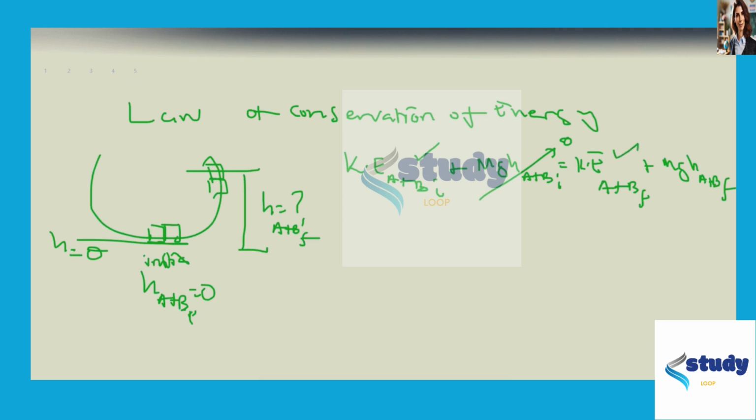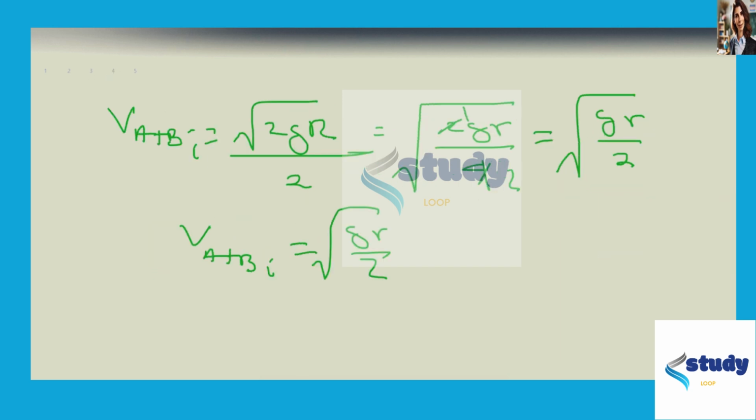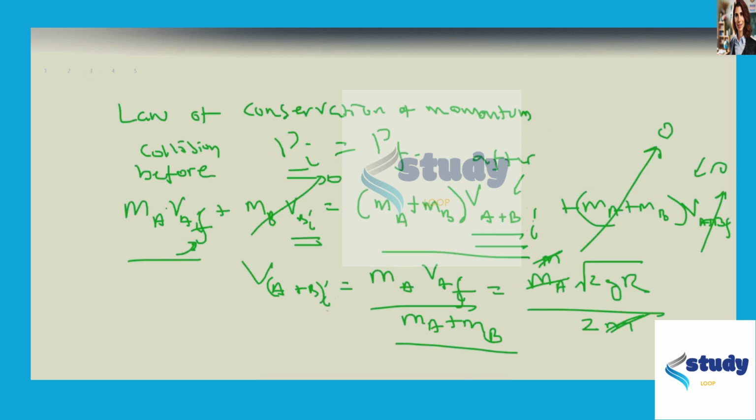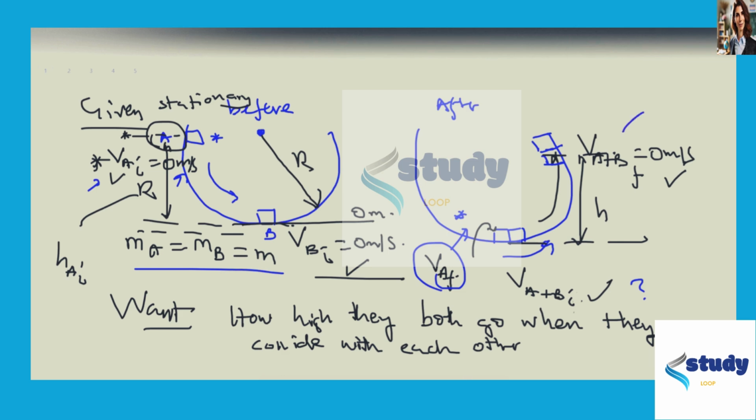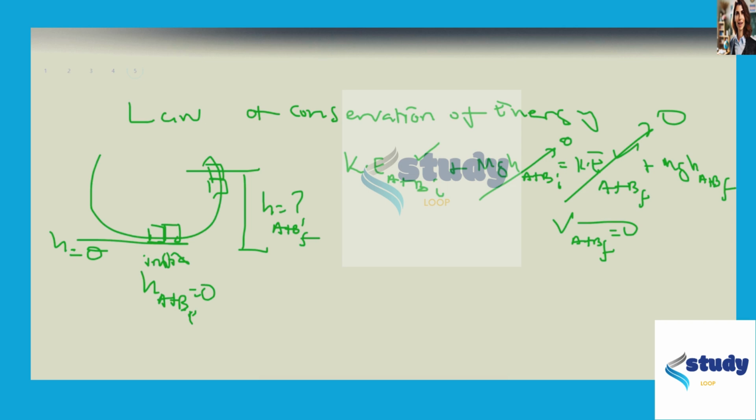The final kinetic energy will be 0 because the final velocity of the two masses, when they stick together, is 0. If you go back right here, you see that this final velocity when they stick together is 0. So we have to account for that. And so we have the initial kinetic energy of the system being equal to the final potential energy of the system.